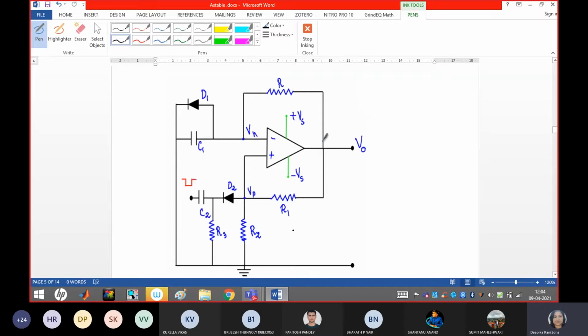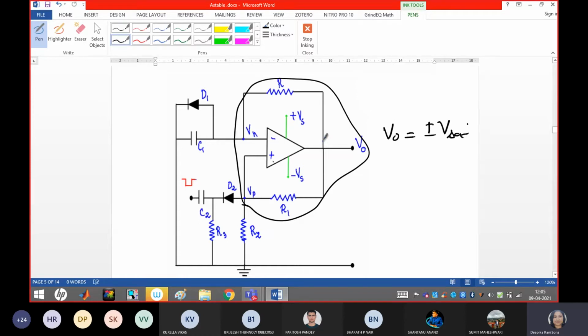So this is the circuit construction of the monostable multivibrator, guys. You may have a look. Here we have used positive feedback at the non-inverting input terminal, while the negative feedback is through this R. If you consider only this part of the network, my output V0 will fluctuate between plus and minus V set.